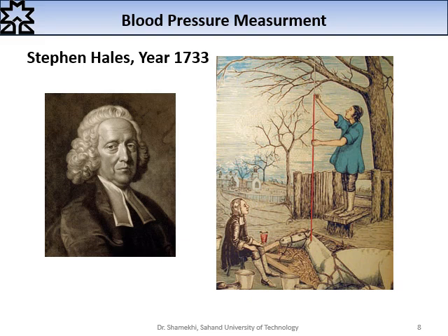They saw that the blood rises inside this reed up to a specific height, as you can see here. This is a simple but basic approach to measuring blood pressure.